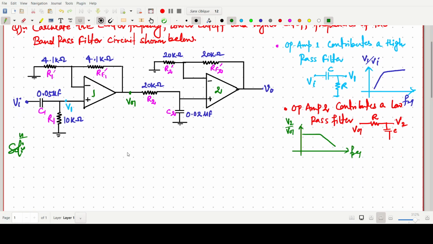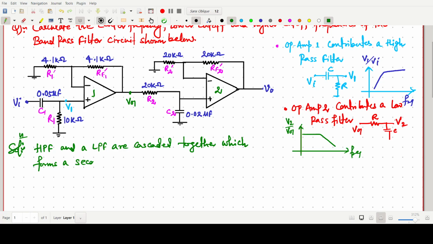So here what we can observe is that a high pass filter and a low pass filter are cascaded together, which forms, we will do it in detail, a second order band pass filter.